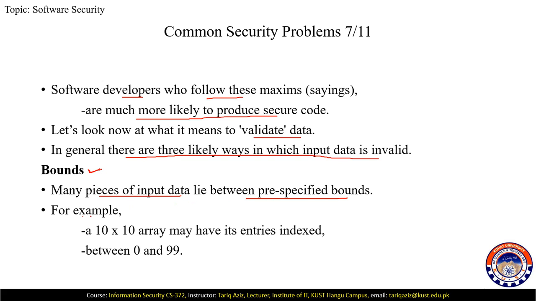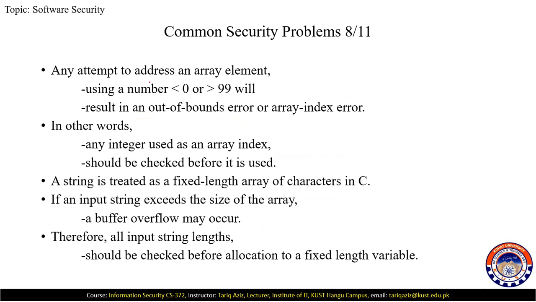As an example, let's say we have a 10 by 10 array. It means that the entries will be between 0 and 99. So an attempt to address an array element using a number less than 0 or greater than 99 will result in an out of bounds error, or array index out of bound, because our limit is between 0 and 99.